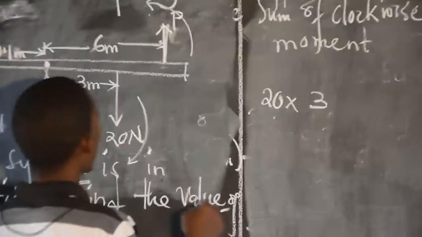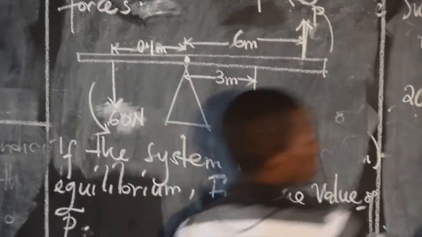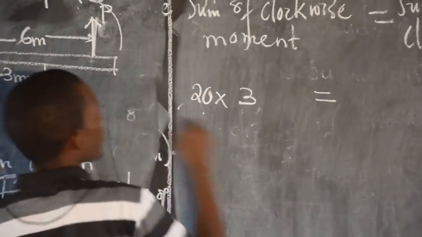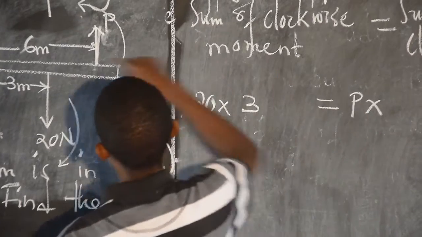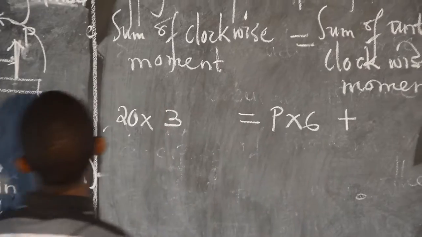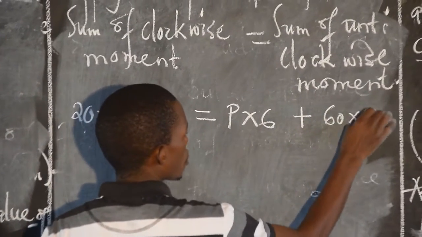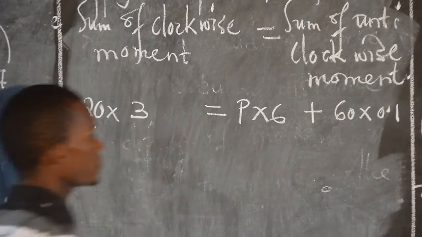And we have another one. When you identify, we don't have another one. Is equal to, we have P times the distance, which is what? 6. Plus, we have another one, which is 60 times the distance, which is 0.1.